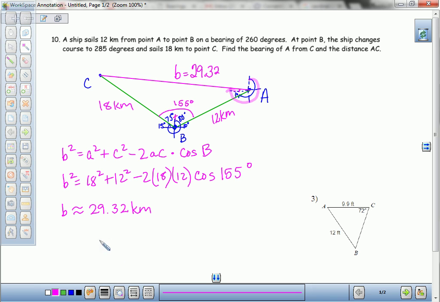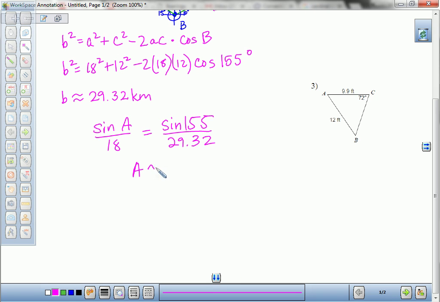So we could say sine of A over 18 is equal to sine of 155 over 29.32. Okay? And if we solve for angle A, we find that angle A is approximately 15.04 degrees.